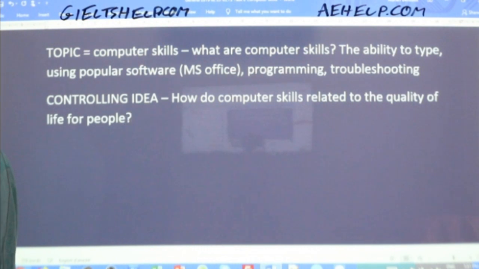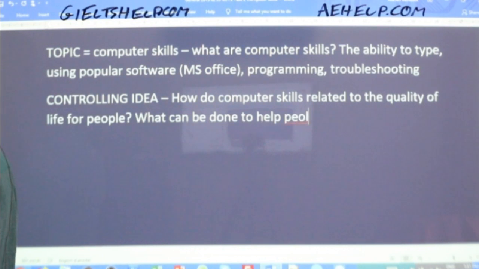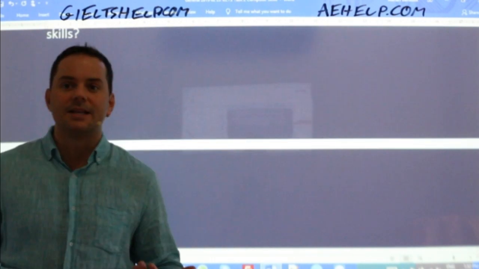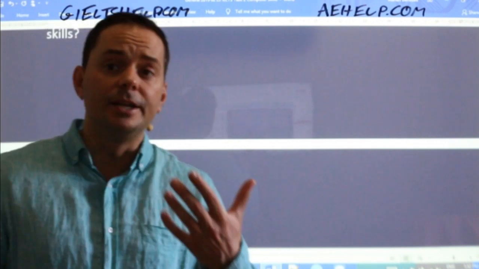And the second controlling idea is what can be done to help people gain better computer skills. So basically, those are your two controlling ideas, right? It makes sense. Okay. Linda, good. The influence of computer skills in the lifestyles of people.